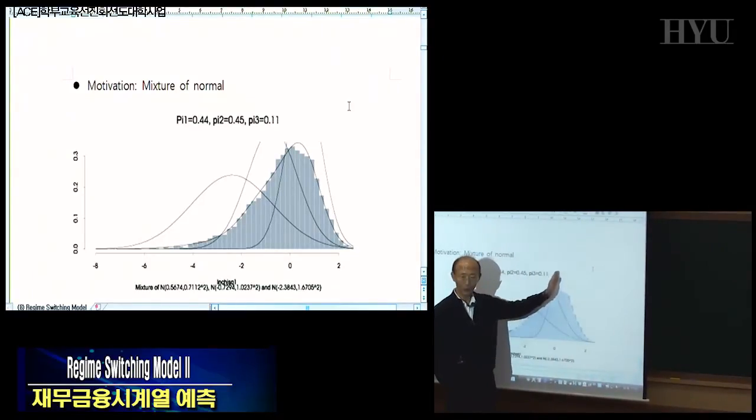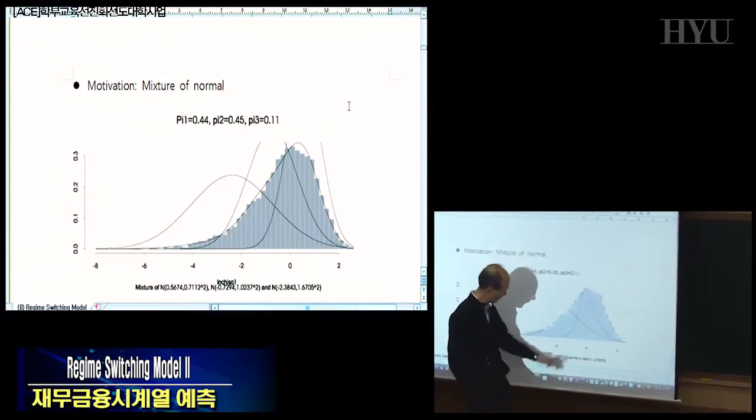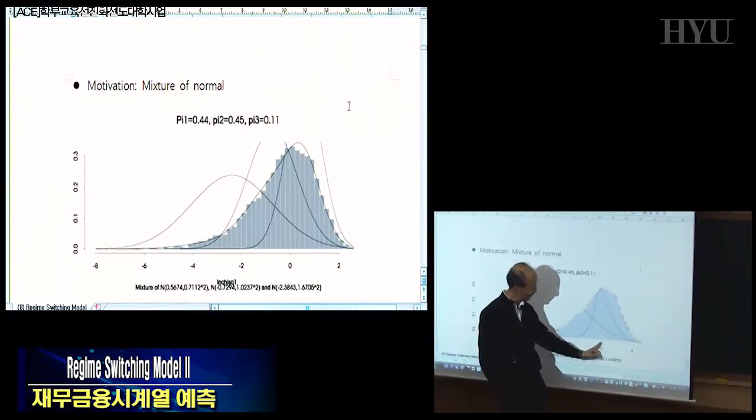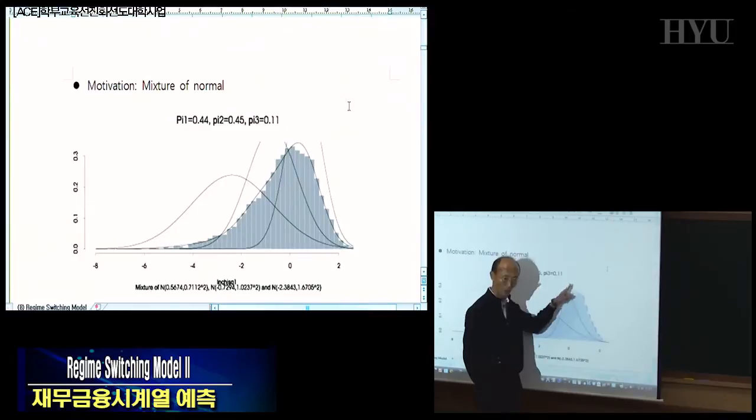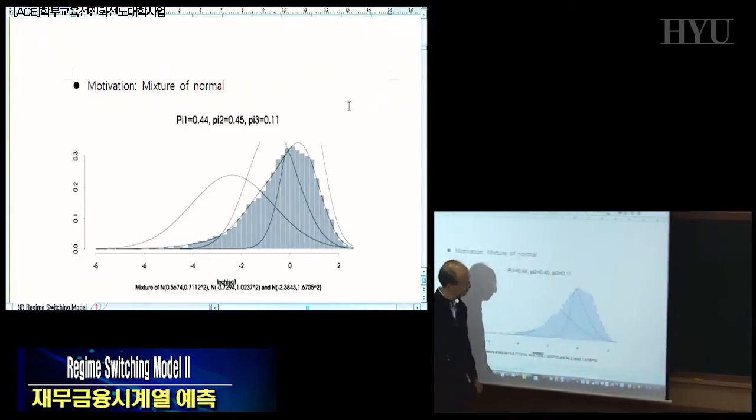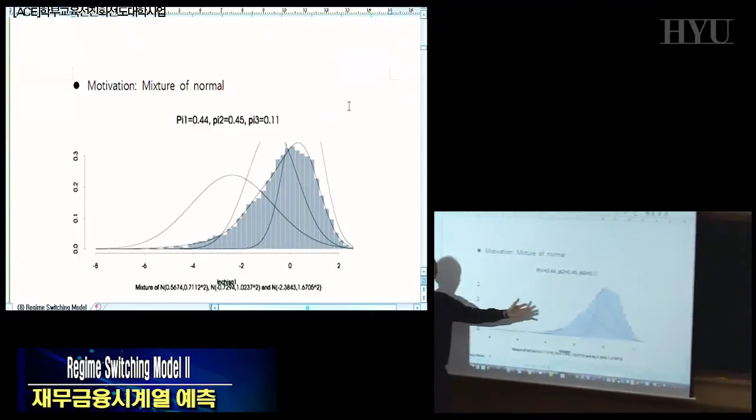Doesn't look like normal, right? Doesn't look like t. Doesn't look like chi-squared, right? Chi-squared has a density function that is located to the right of the origin, okay? Always positive. So none of them appears to be explaining this one, okay?